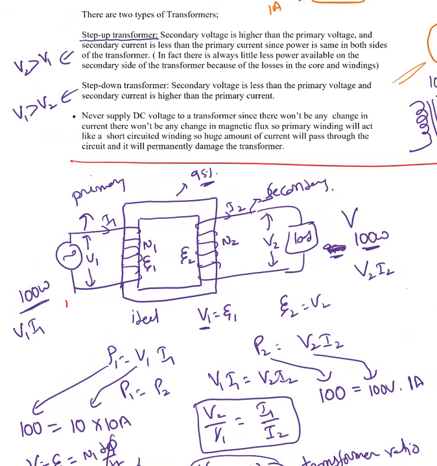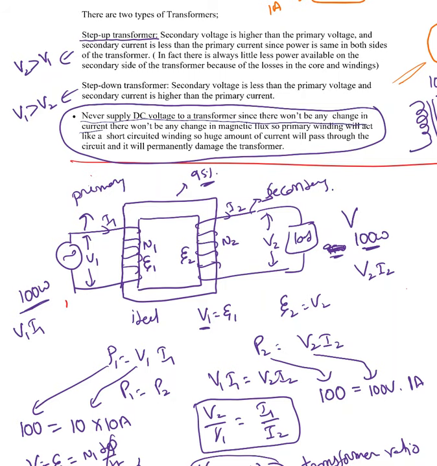Another important thing, never ever connect a DC supply to a transformer. Since there won't be any change in current, there won't be any change in magnetic flux. So if this I1 is not changing, what happens? If I supply DC, the inductor is going to act like a short circuit once it is fully energized, right?